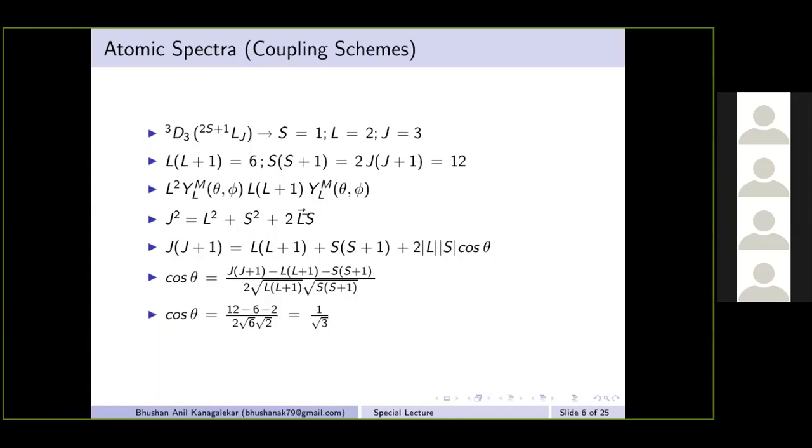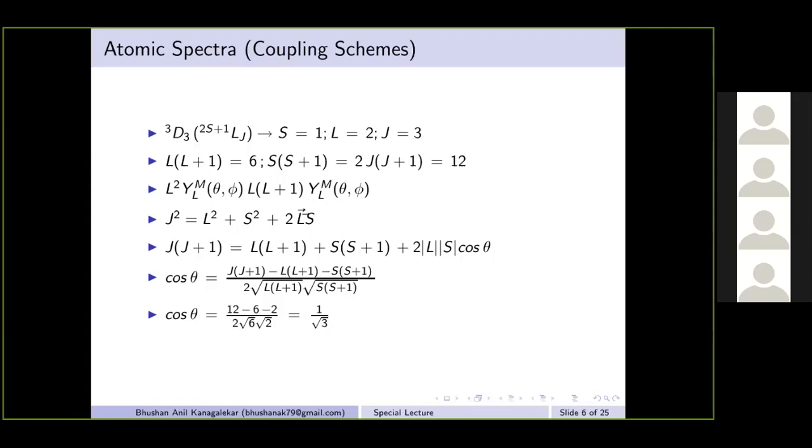You can move the L(L+1) and S(S+1) terms onto the other side to get the value of cos theta. We will get cos theta equal to J(J+1) minus L(L+1) minus S(S+1) divided by 2 times root of L(L+1) and root of S(S+1), because the square root of L(L+1) and square root of S(S+1) couple to give the square root of J(J+1).